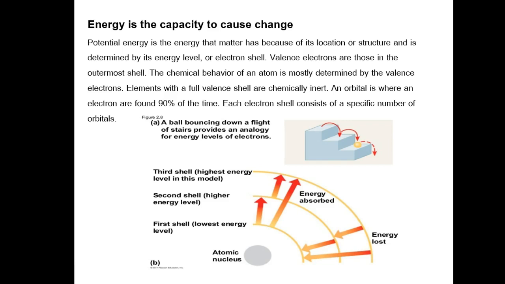These orbits are not clear, not 100% defined. They are just the average of where that electron is found, so where it's found 90% of the time. And each electron consists of a specific number of orbitals.